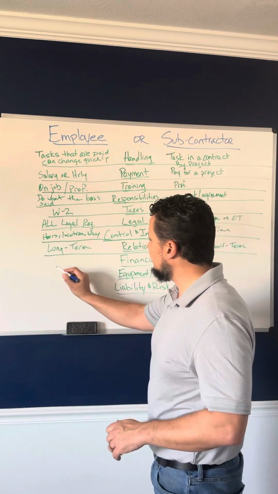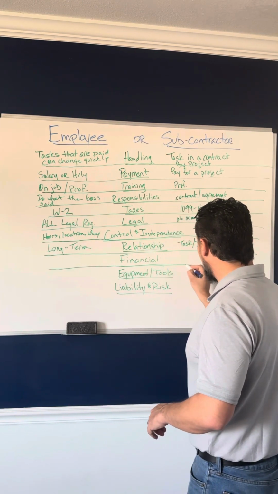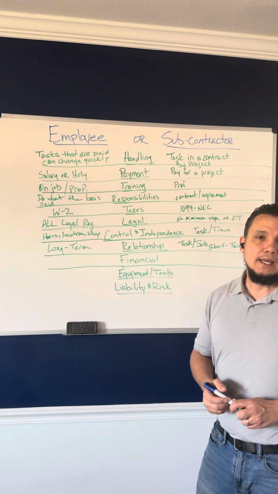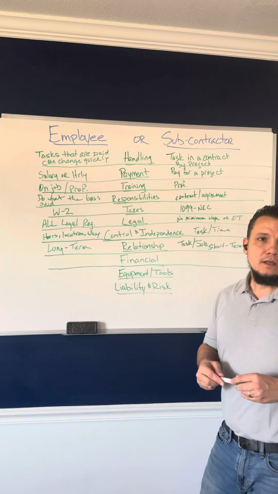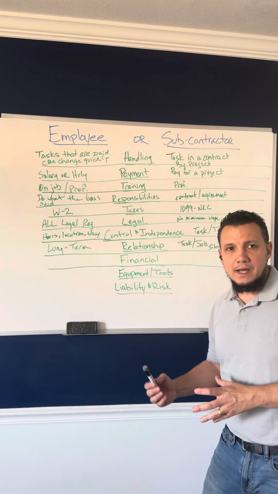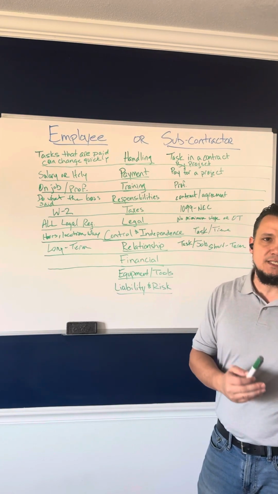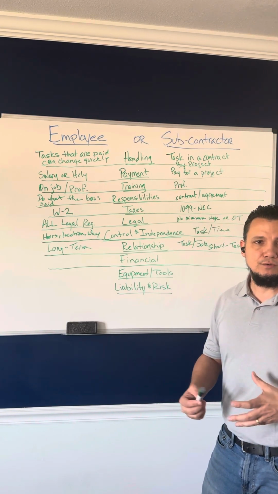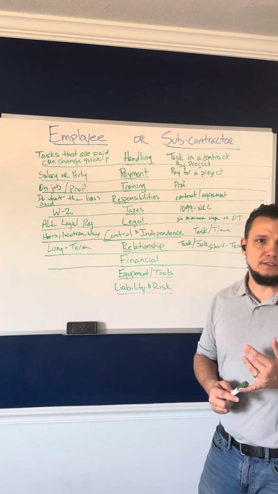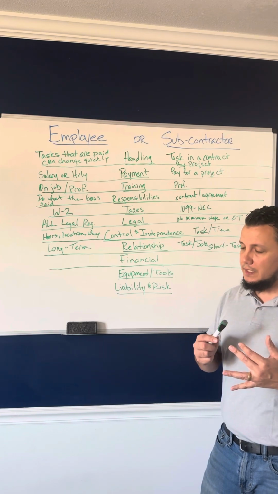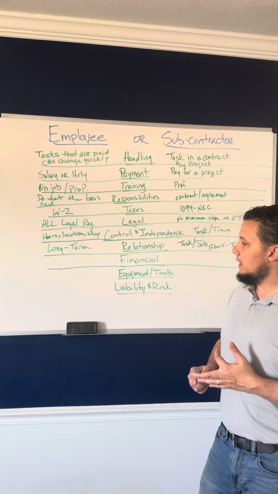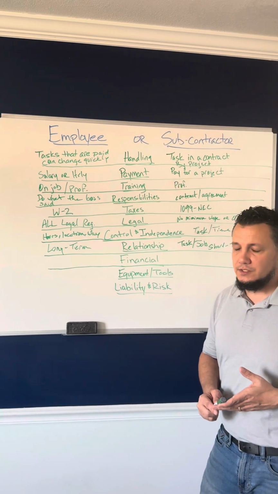Now, as far as financial, when we look at the financial side of things between an employee and an employer, the employer is responsible for the business expenses related to that job. That is like insurance withholdings, the liability insurance, the workers' comp insurance.